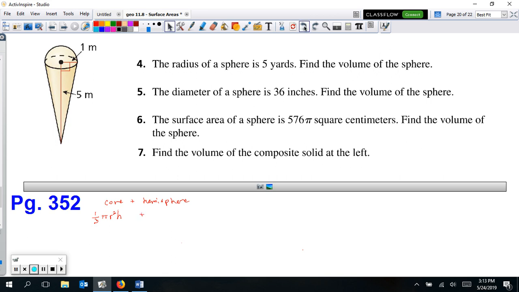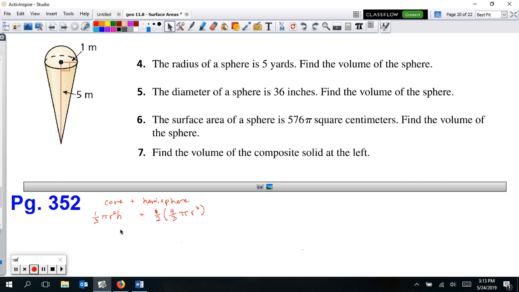Then we add that to the formula for a hemisphere, which is half of the sphere formula. So you're going to say 1/2 times 4/3 pi r cubed. 4/3 pi r cubed is our formula for the volume of the sphere. We just multiply that by a half because a hemisphere is half of it.